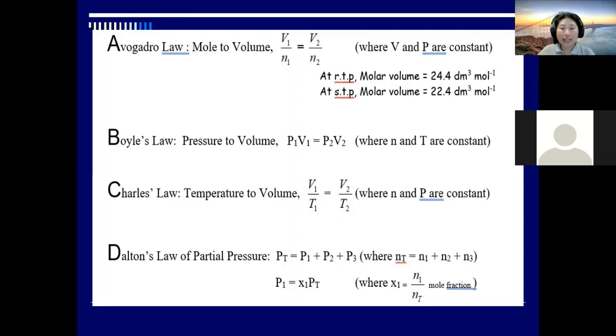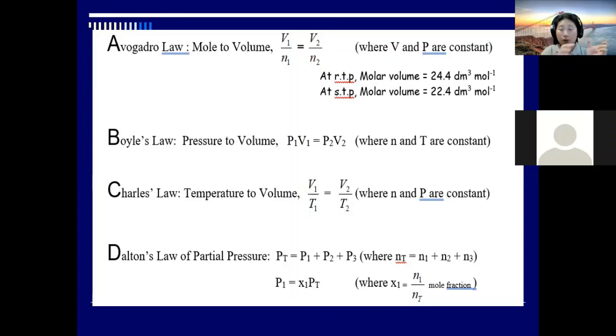So if I say 1 mole of gas occupies, at RTP, 24.4 decimeter cube. If I say molar volume, you need to remember to put a per mole behind it. A lot of students forgot. They just said 24.4 decimeter cube, which is wrong. 24.4 decimeter cube is what 1 mole of gas occupies, so in front you write 1 mole.